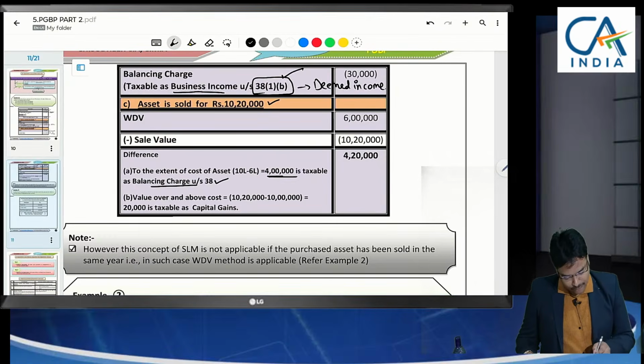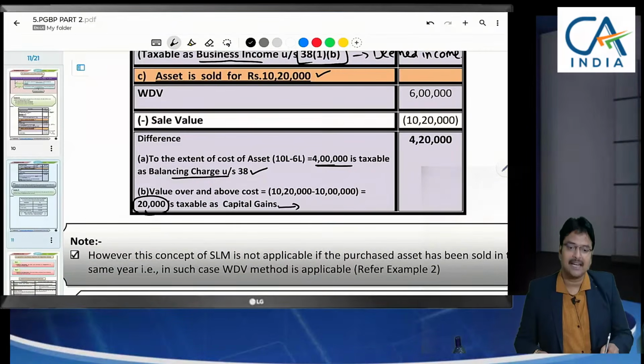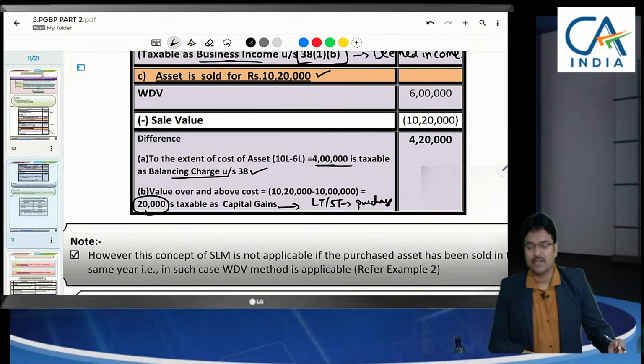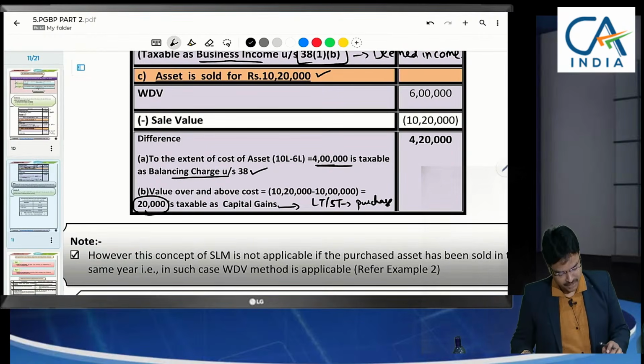On the extra 20,000, this will be treated as capital gain, long term or short term, depending upon the asset purchase date. More than 2 years we treat as long term, less than 2 years we treat as short term.